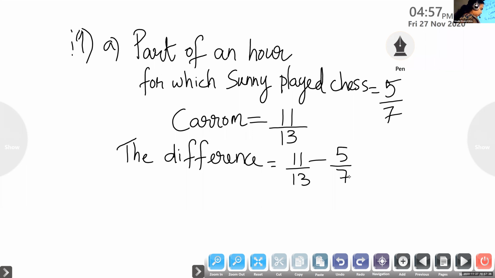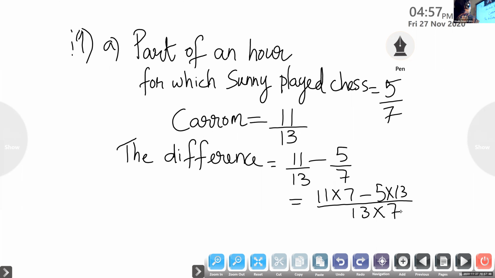Children, here you can do the cross multiplication method also, because 13 and 7 are coprime. We can write 11 into 7 minus 5 into 13, divided by 13 into 7.